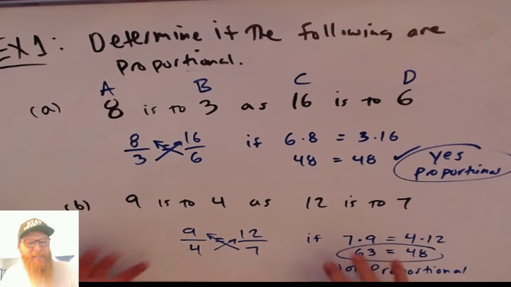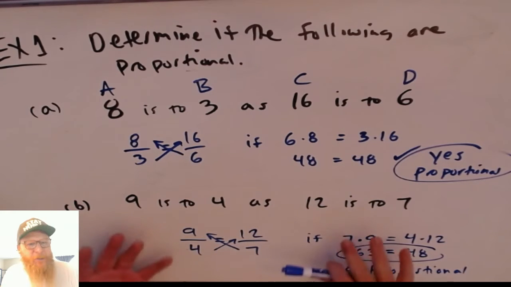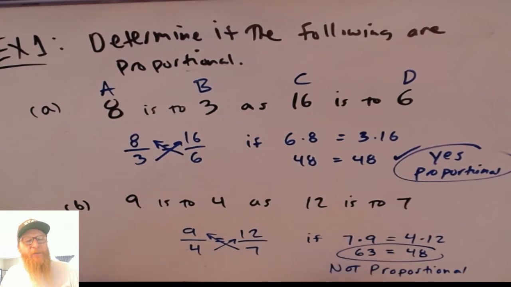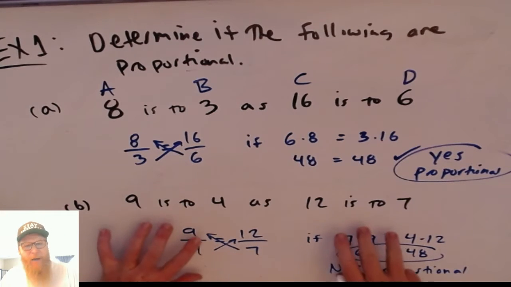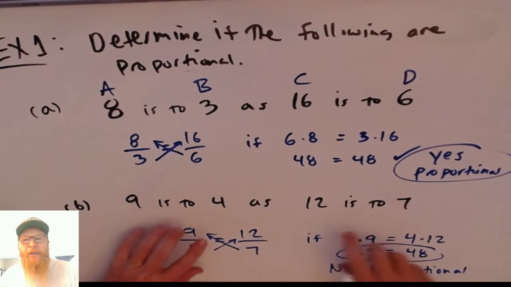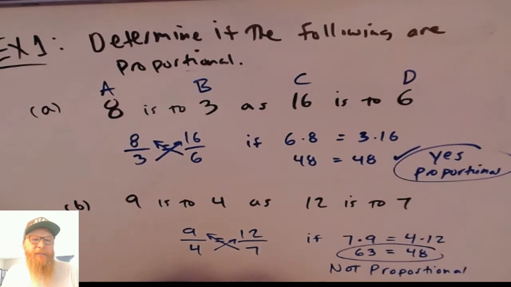So not every statement about proportion is in fact true. And so the law of proportion enables us to determine whether or not a proportion is in fact true. So you would say part B, no, not proportional, or you could say disproportional. And part A, yes, it's proportional.